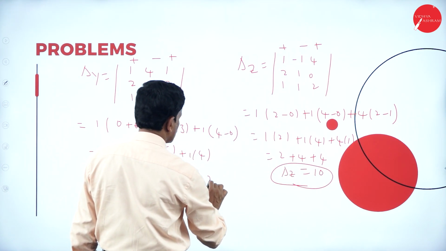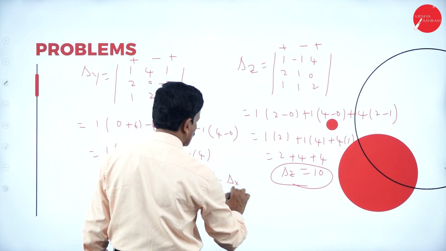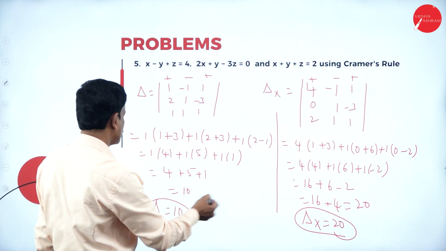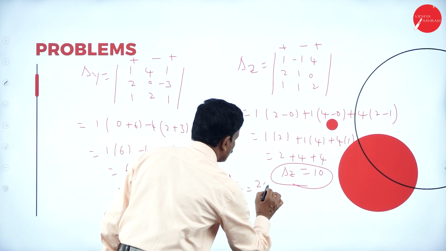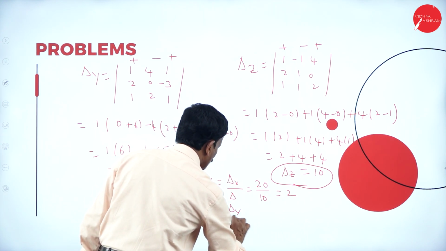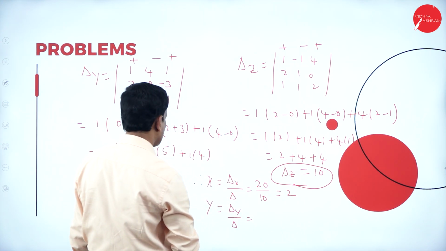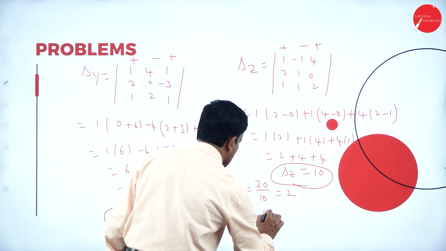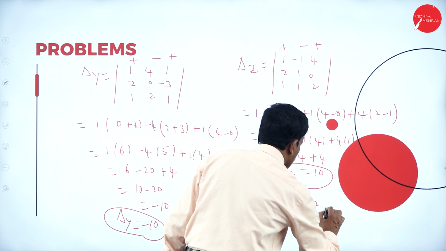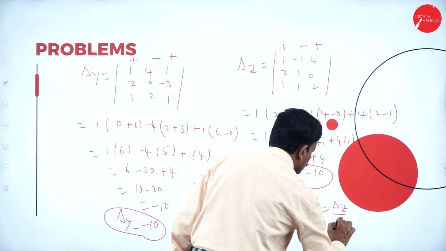So therefore what is the conclusion? x is equal to delta x by delta. What is delta x? 20. Delta is 10. 20 divided by 10, that's equal to 2. And y is equal to delta y by delta. What is delta y? Delta y is minus 10, divided by 10, that's equal to minus 1. And z is equal to delta z divided by delta.